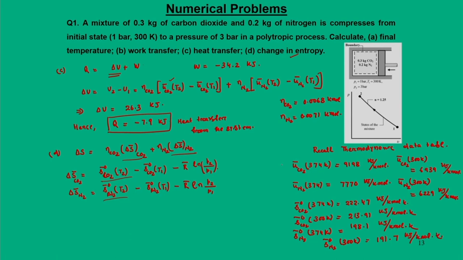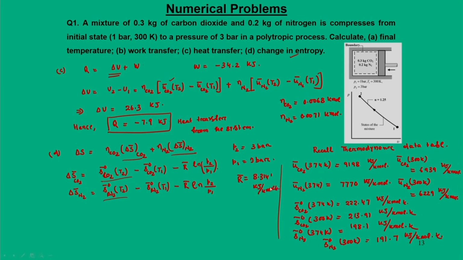So, we know all the numbers. Of course, we know P2 as 3 bar, P1 as 1 bar, and R bar as 8.314 kilojoule per kilomole Kelvin.